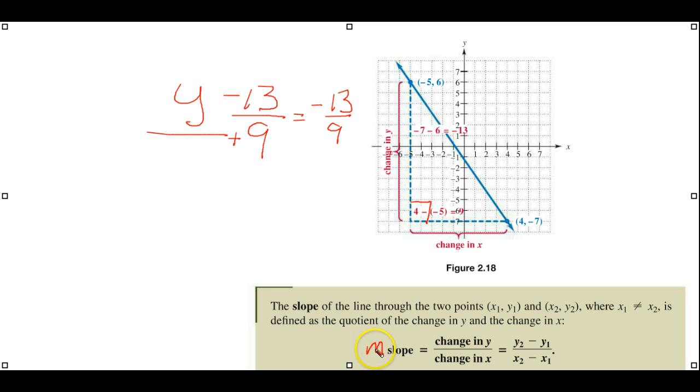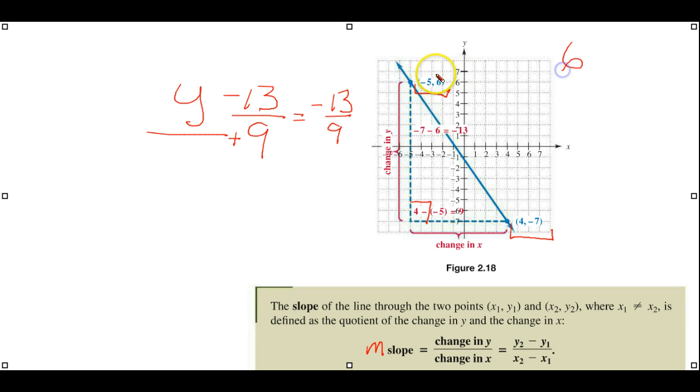We're using the lowercase letter m for slope, which is change in y over change in x. And you can use these coordinates to actually do it, where let's say this would be your sub 2's and this would be your sub 1's, and you feed it into the formula here.